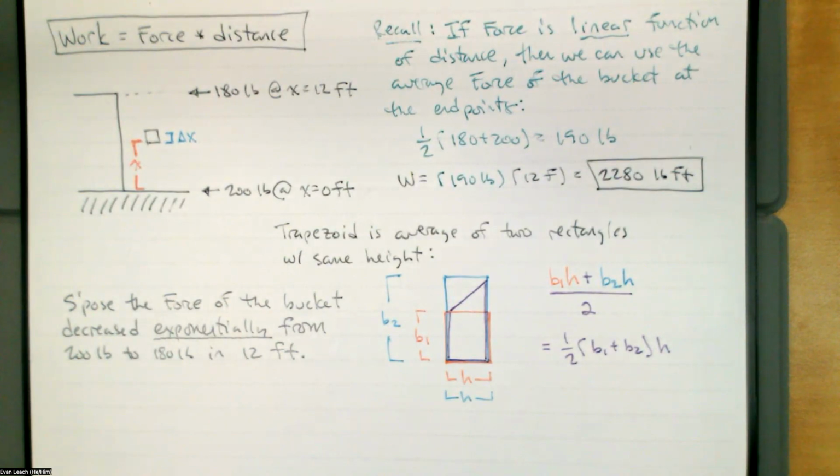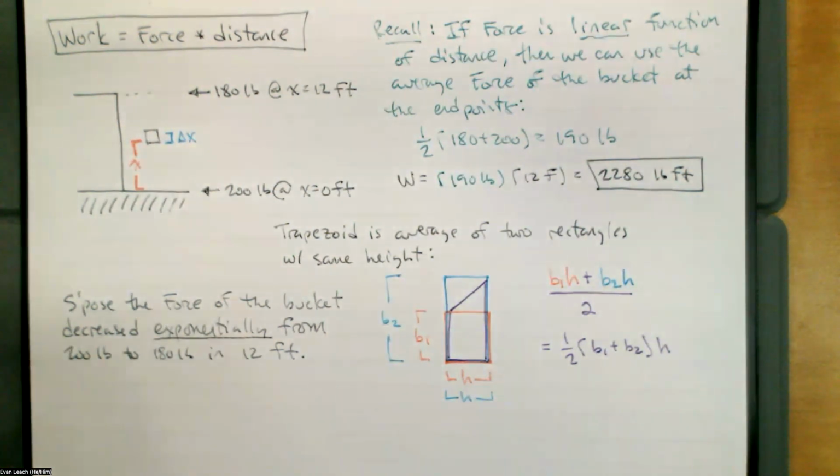So we'd have to set up a different function rather than saying 200 minus 20 over 12 times x. I'd have to install a multiplier.